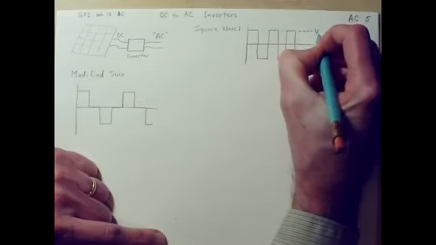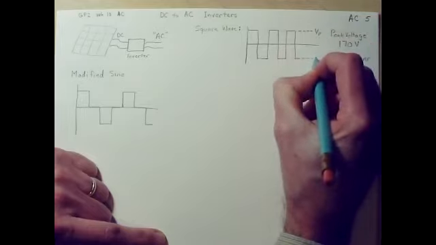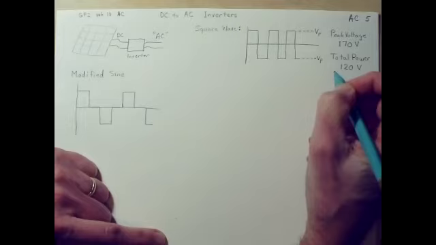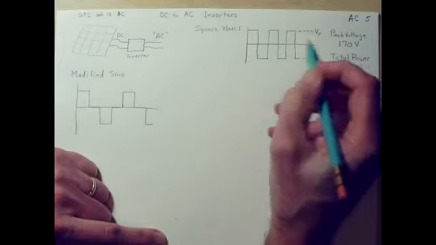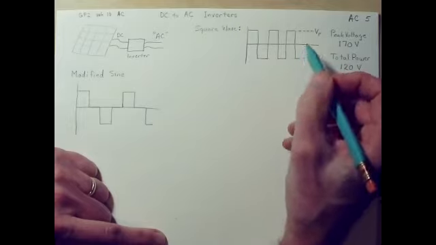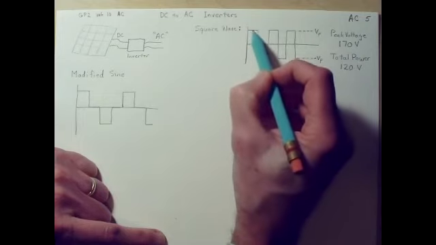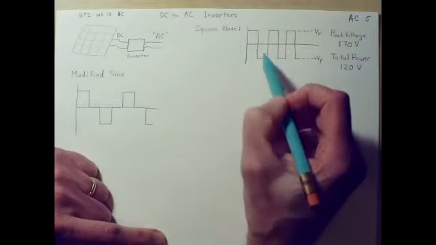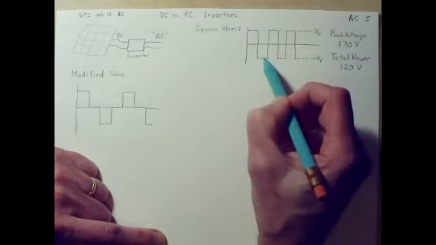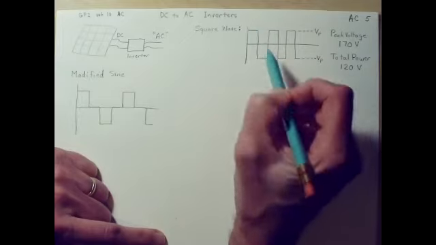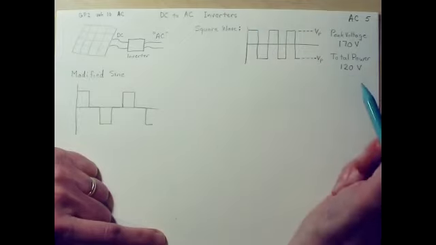You've got some peak value here, and then down here it's the negative of that same peak value. So if you square this, what you're going to end up with is during this period of time, you'd have that peak value squared. What would you have during this time? Well, it would be minus VP squared, but that gives you the same thing as when you had the positive one. Positive or negative doesn't matter once you square them.